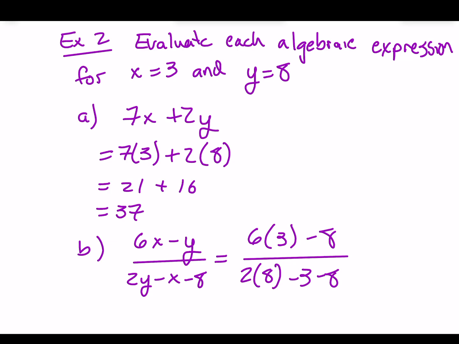We can perform the multiplications from left to right in the numerator and denominator. 6 times 3 is 18, minus 8, divided by 2 times 8, which is 16, minus 3 minus 8. 18 minus 8 is 10, and 16 minus 3 is 13. 13 minus 8 is 5. So we have 10 over 5, which is equal to 2.